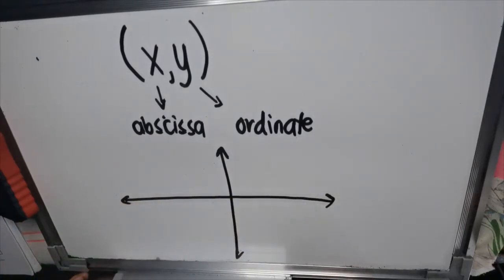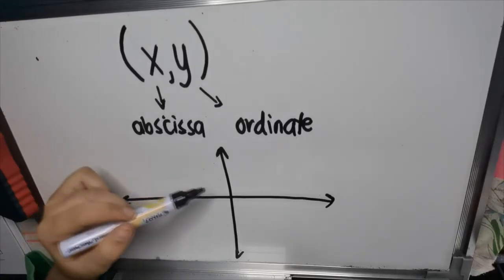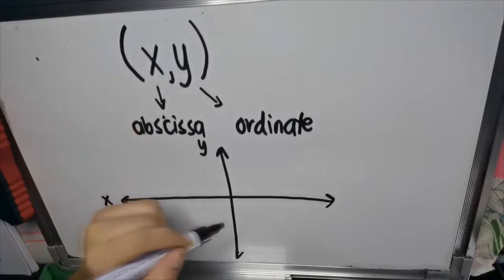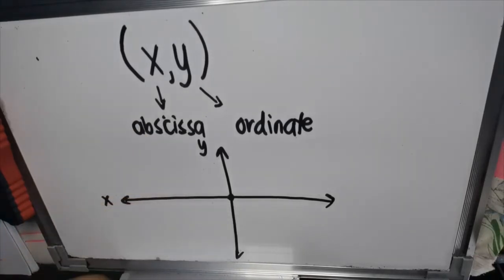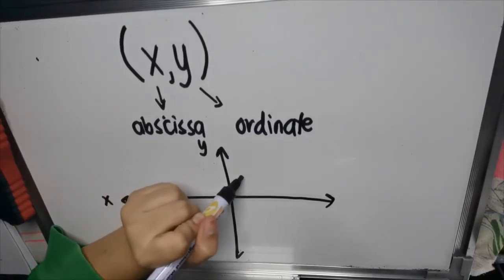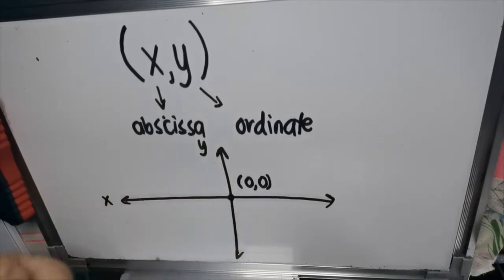Pagpasensya na yung drawing ni Ma'am ha. So, the origin is the intersection ng x-axis natin and y-axis. So, alin dyan yung origin natin? Ito. Okay? So, ang value nito or the coordinates ng ating origin is 0, 0.